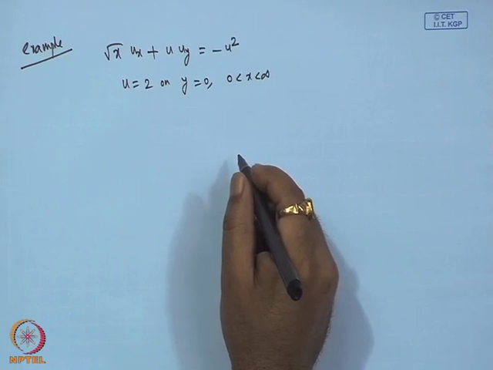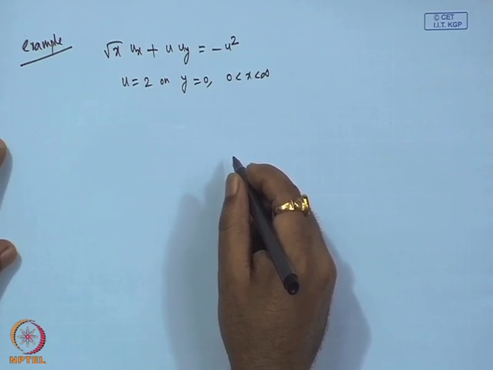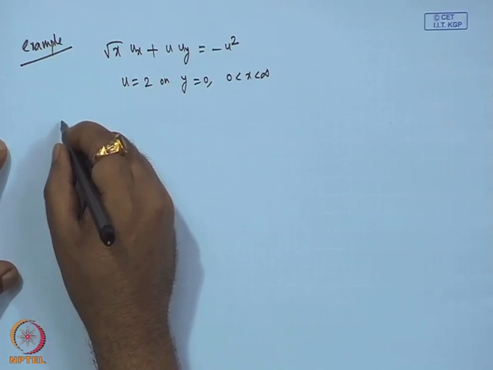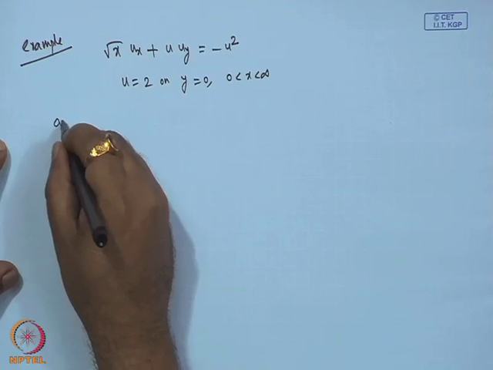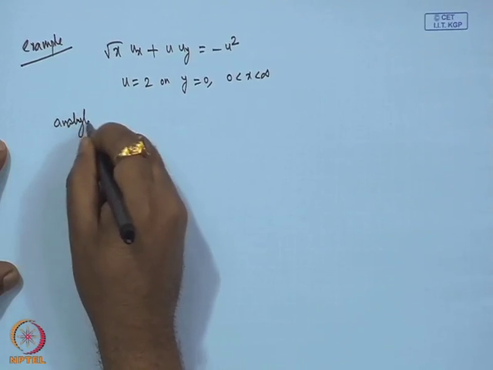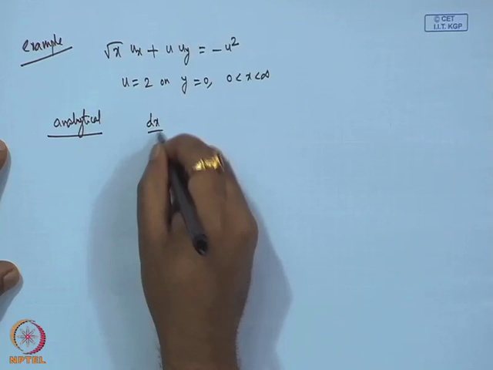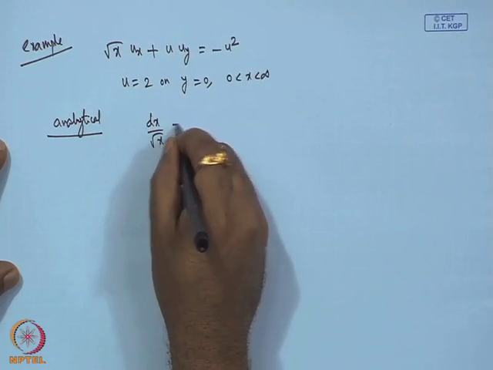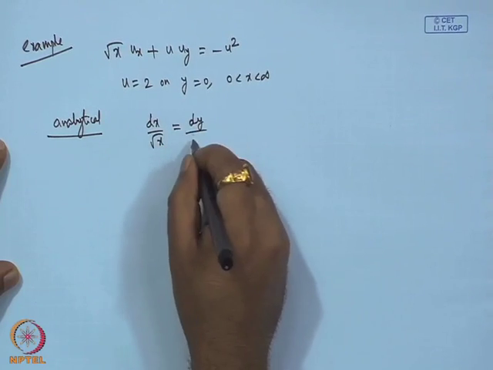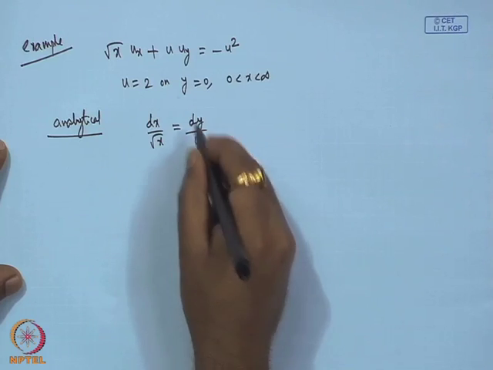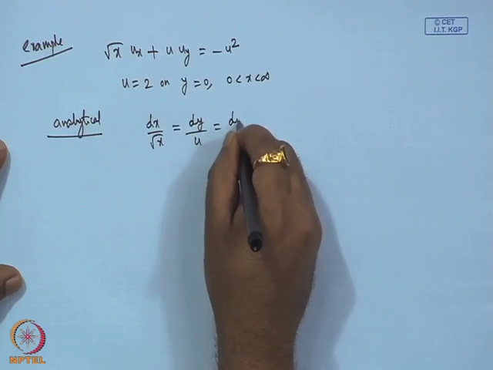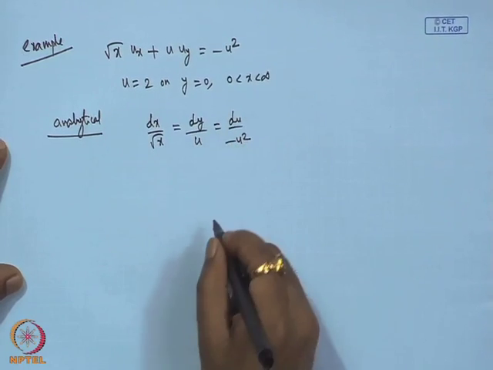Suppose this is the example, then analytically, dx by root x, dy by u, du by minus u square.